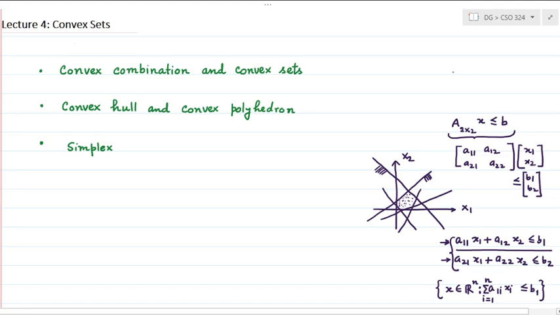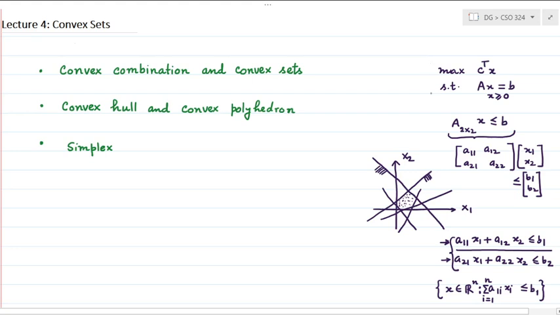And the standard form that you all know by now is the following: maximization of a linear function C transpose X subject to AX equal to B together with X greater than or equal to 0.